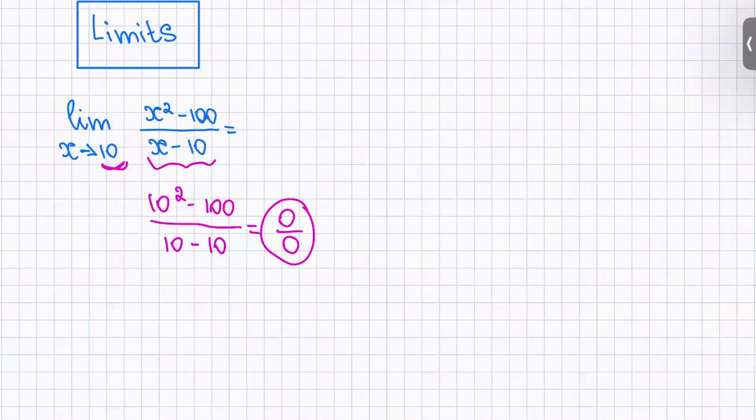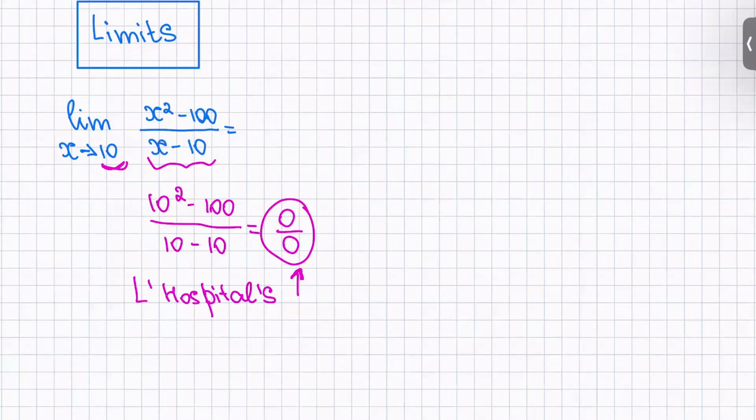So we have 0 over 0. It means that we have to work a little bit more on this limit, in particular on the function, or try to apply any rules that can be applicable when we have this indeterminate form. So what do we do in this case? First, dear students, if we have this 0 over 0 indeterminate form, there is L'Hopital's rule that we can apply.